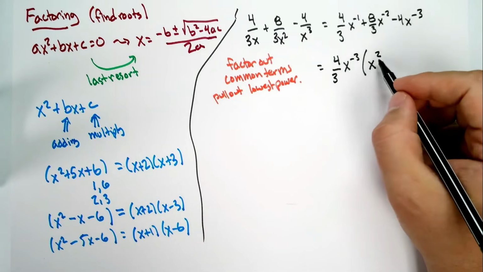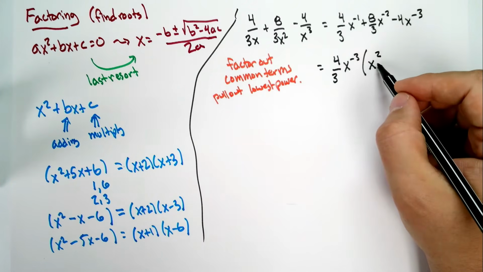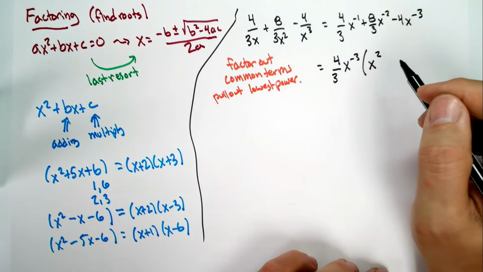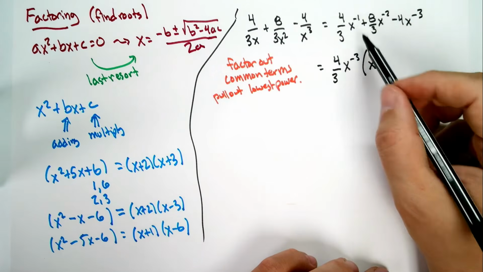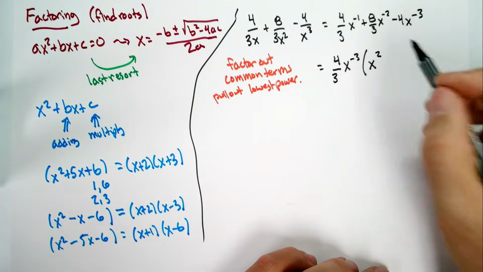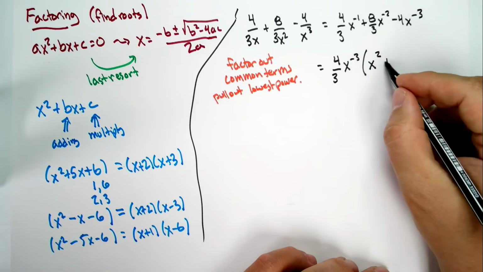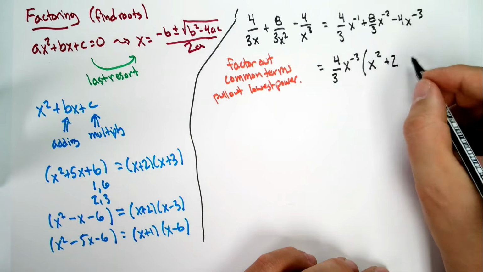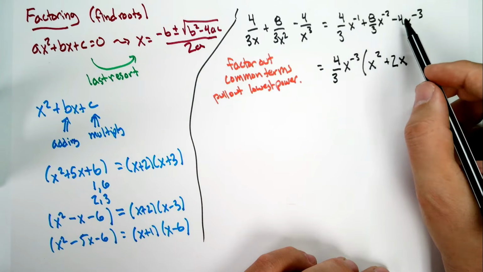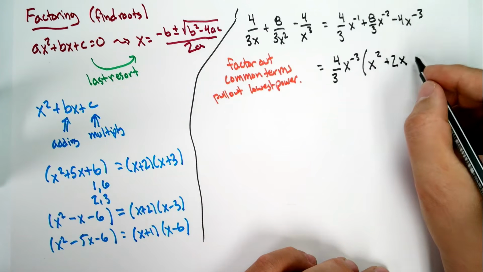Because if we think about it, x to -3 times x to the 2, their exponents would combine to give -1. Another way to see it is you take -1 and you subtract -3. So you subtract the power you pulled out. So the next term, well, that will be plus 2, and now we'll have an x. The last term, notice we have the minus, so that'll be a minus.